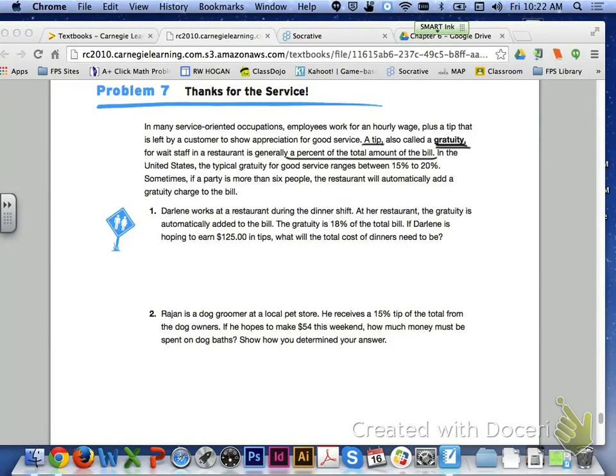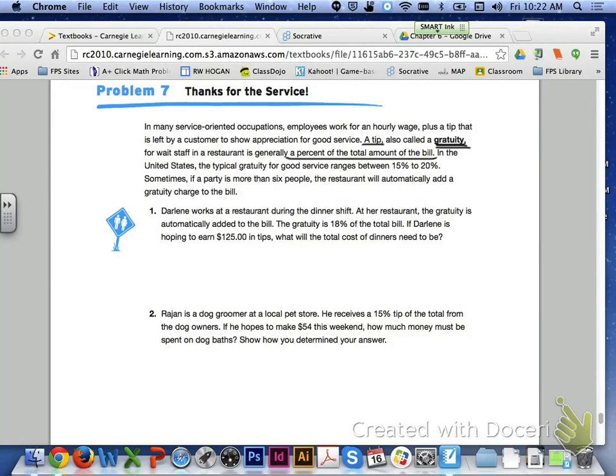A tip, also called a gratuity, for wait staff in a restaurant is generally a percent of the total amount of the bill. In the United States, the typical gratuity for good service ranges between 15% and 20%. Sometimes, if a party is more than 6 people, the restaurant will automatically add a gratuity charge to the bill.